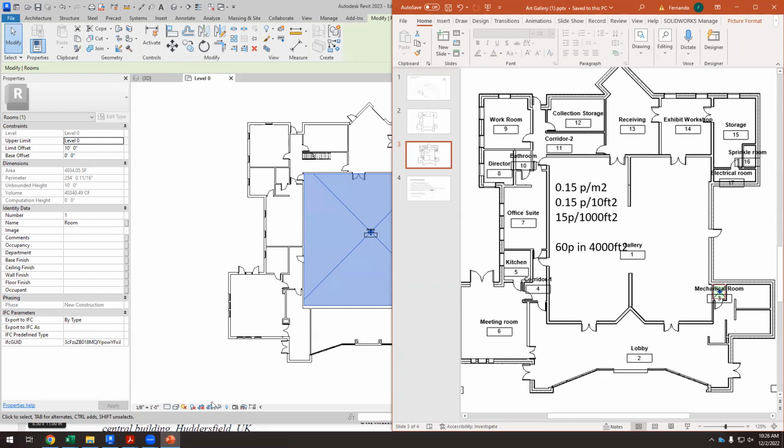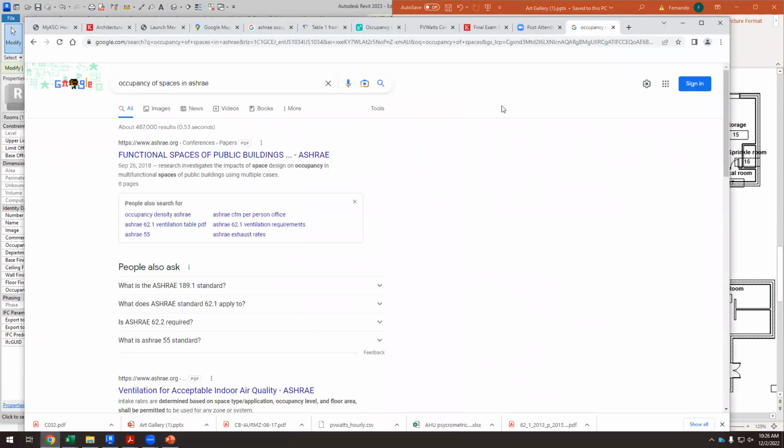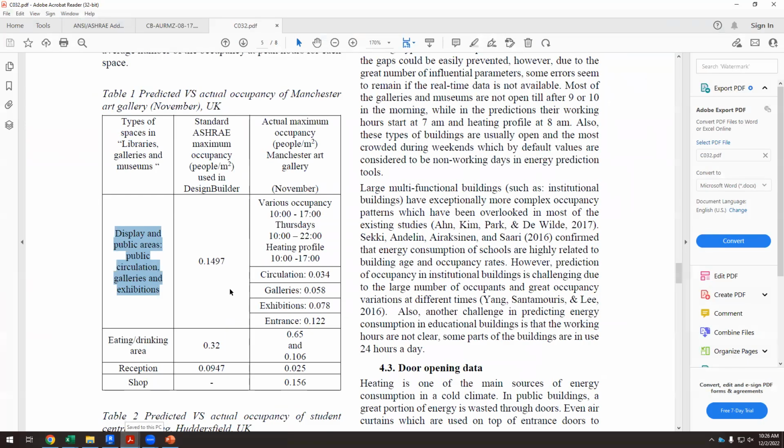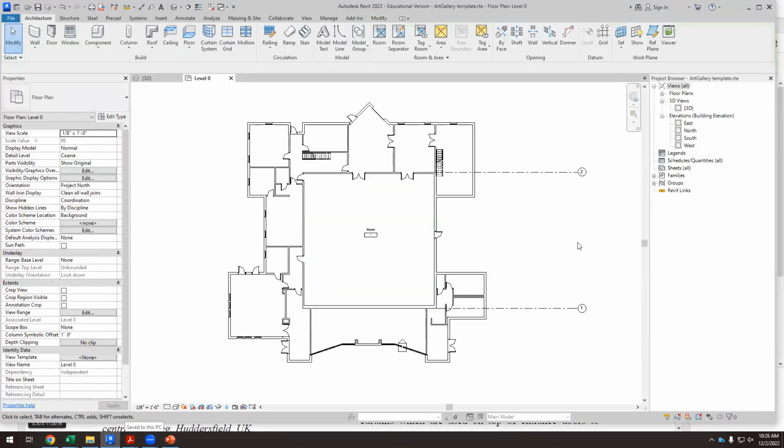But according to this ASHRAE document, what's the actual occupancy? Well, it's even less, so we will use that. But we can have other sources of information.